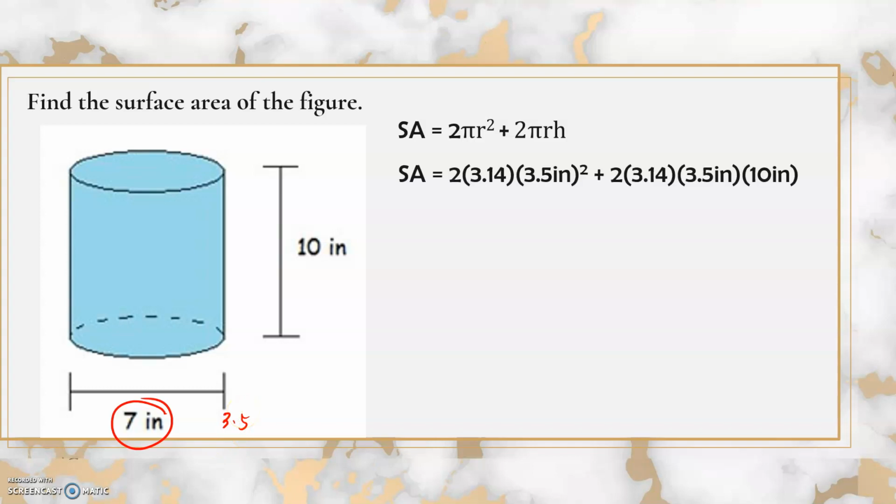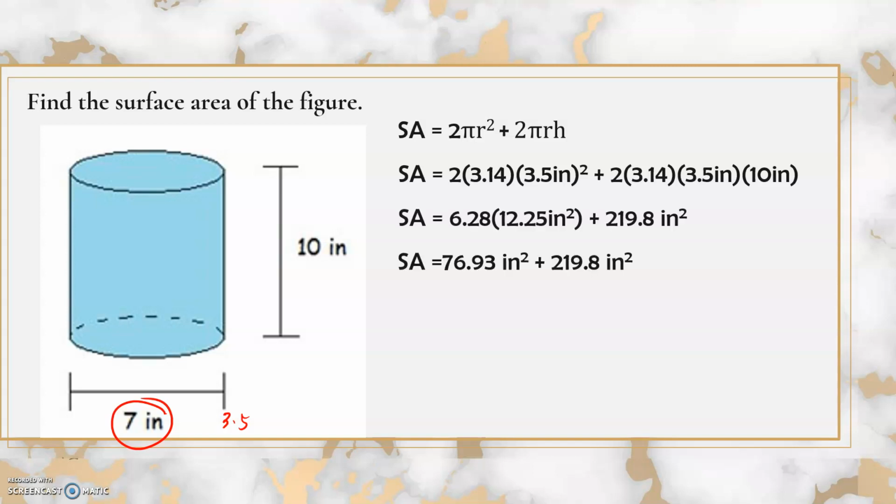So we'll have 2 times 3.14 times 3.5 inches squared plus 2 times 3.14 times 3.5 inches times 10 inches. Performing the given operations, the surface area of our cylinder here is equal to 296.73 square inches.